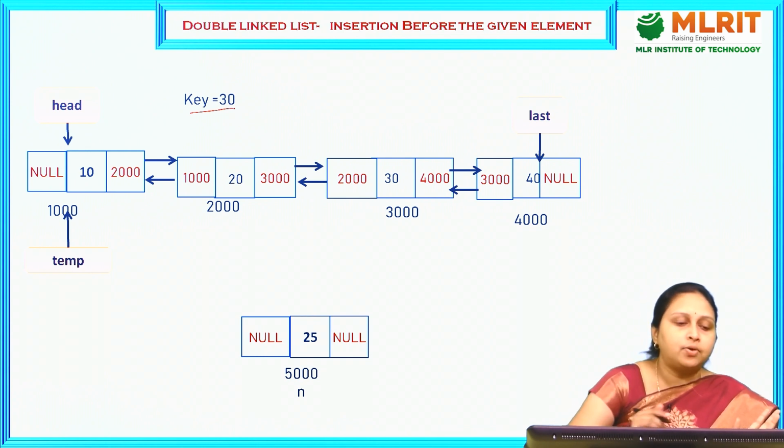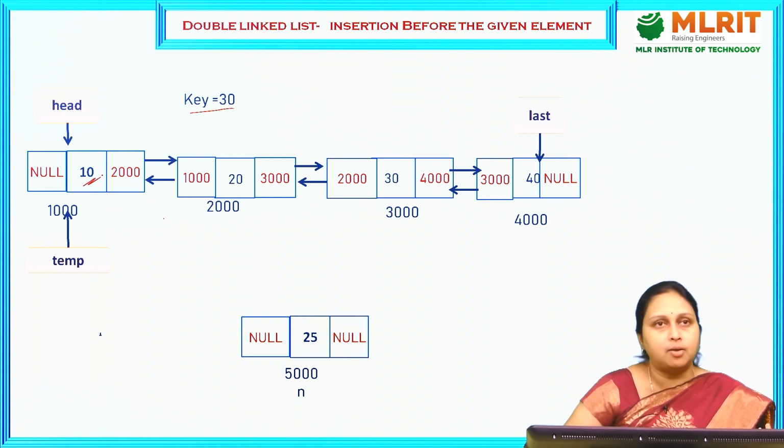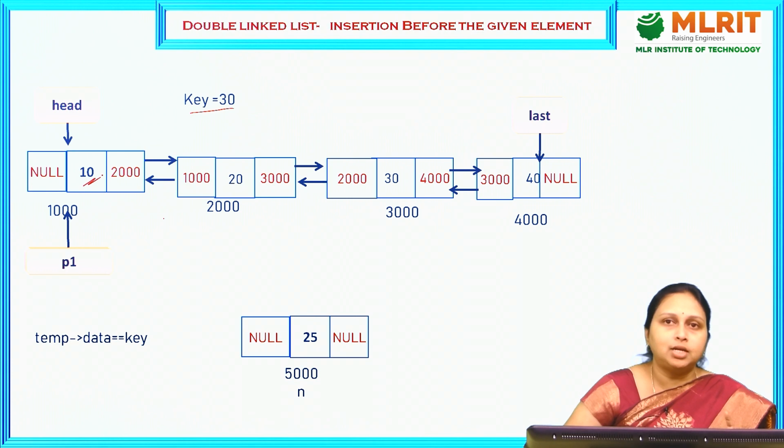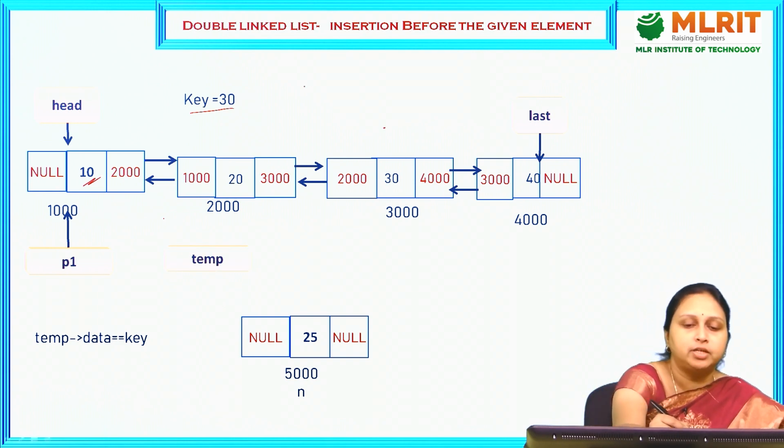Now temp arrow data is 10. It is not equal to the key value, that's why I am going to move my temp to the next location. When I am moving my temp to the next location, I am going to assign my temp to P1. That means the step we need is P1 equal to temp.